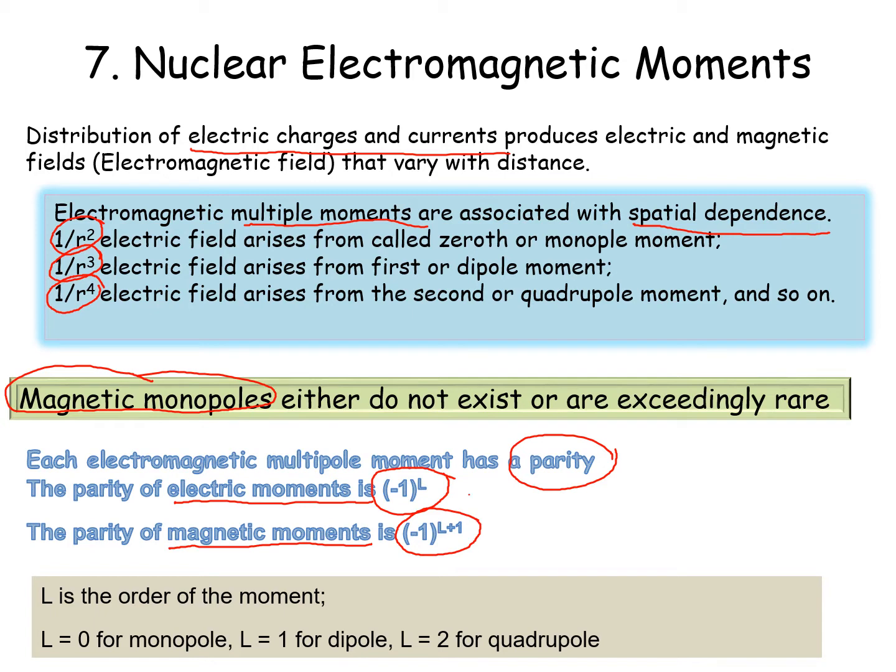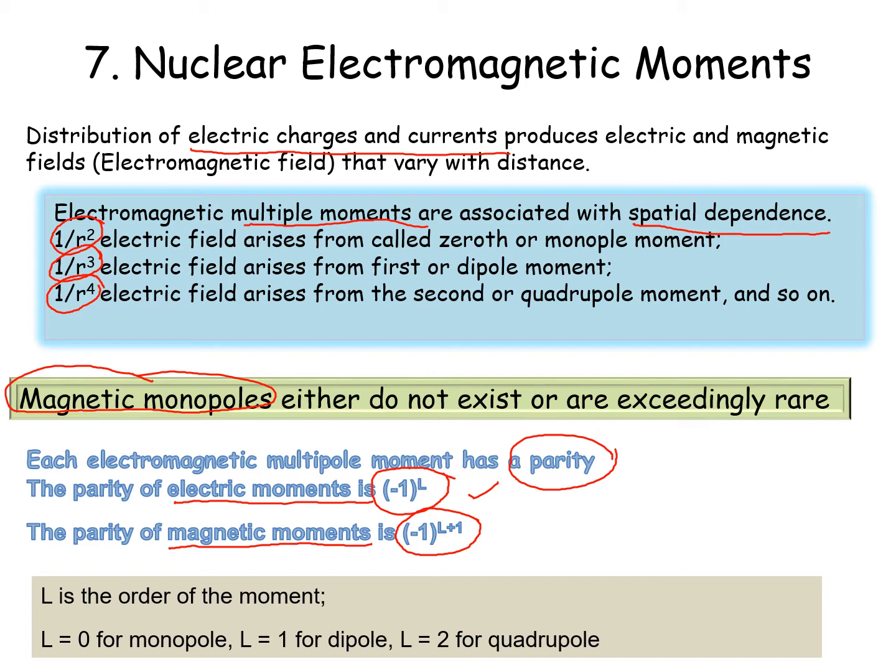First we talk about the parity of the electric moment. Here, if L is even, then we have even parity, and if L is odd, then we have odd parity. So here we will have electric monopole, then electric dipole, then electric quadrupole, and then electric octopole, and so on. Now we come to the second, that is the parity of the magnetic moments, (-1)^(L+1).